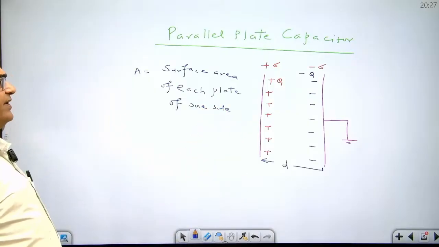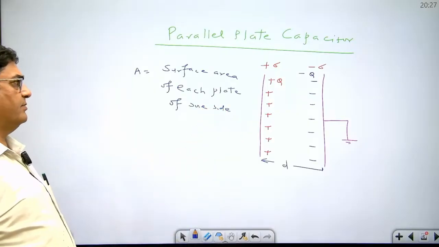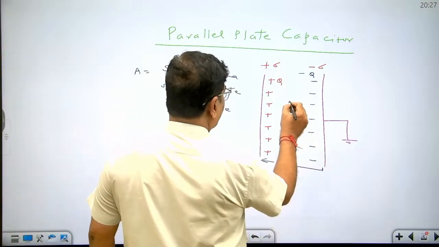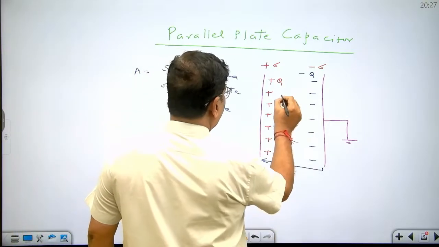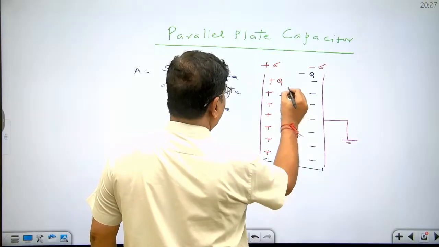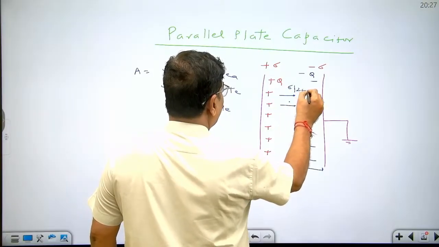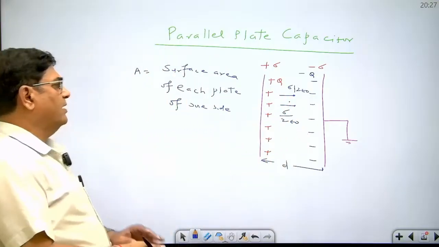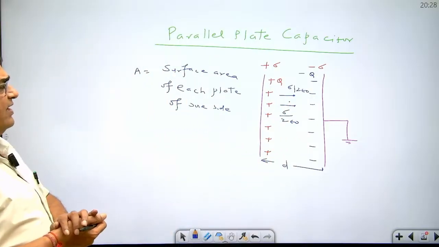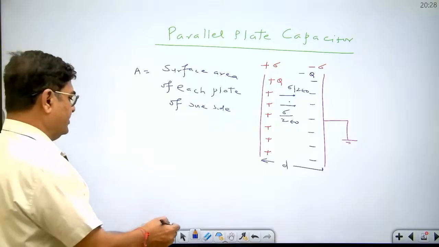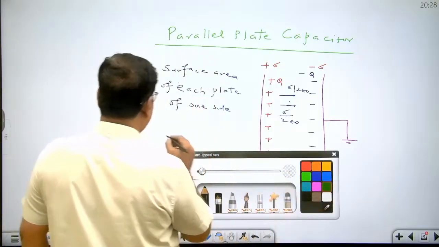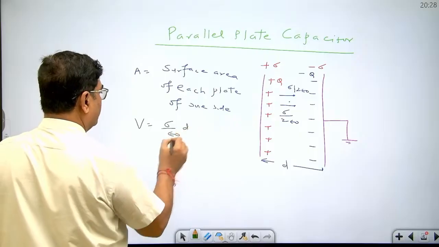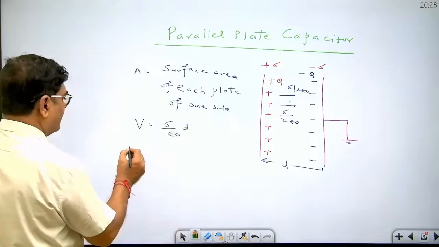Now dear student, at any point between the plates, the electric field intensity is sigma upon 2 epsilon 0 from each plate. So between the plates, the electric field intensity everywhere is sigma upon epsilon 0. The potential difference is sigma upon epsilon 0 into D.